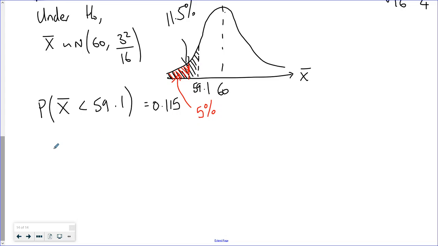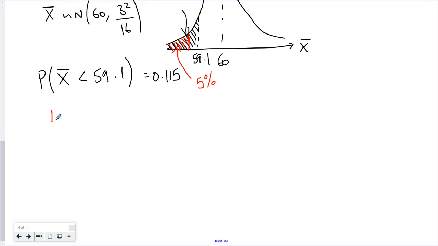So that means that we're not in the critical region. So we're not in the final 5%. So do not reject H0.